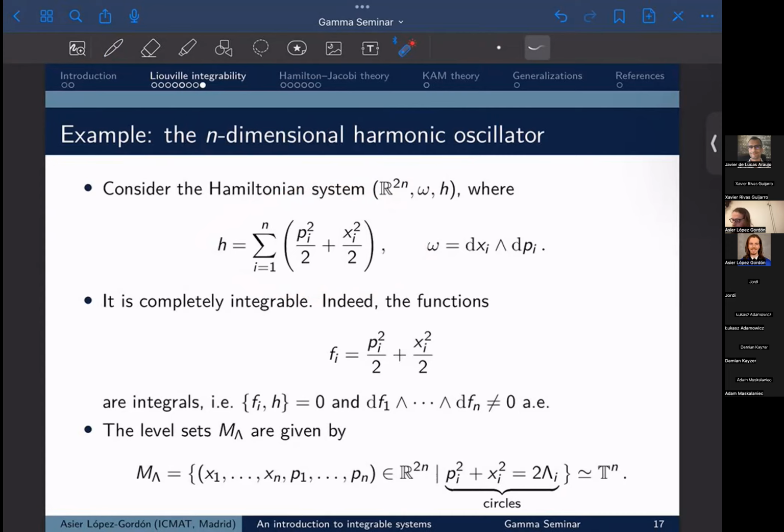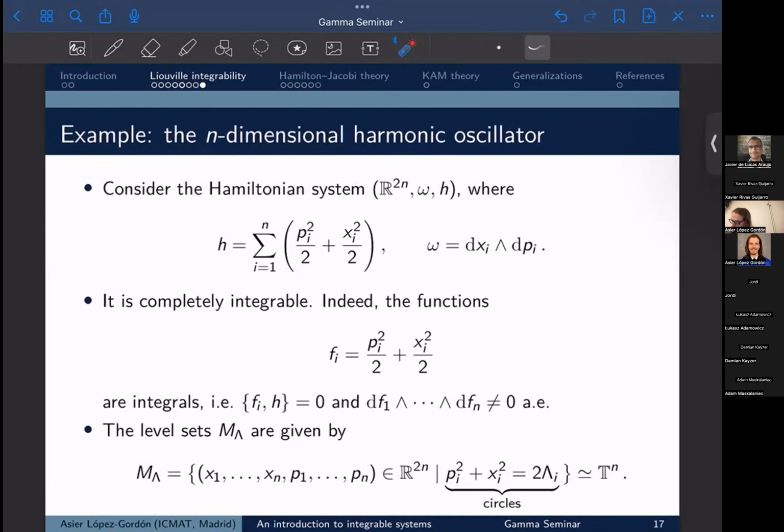And indeed, we can check that these functions, which are essentially each of the components of this sum, are integrals. And well, they are functionally independent almost everywhere. Essentially, well, when p_i and x_i do not vanish simultaneously.